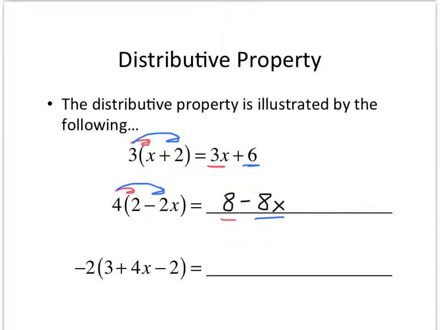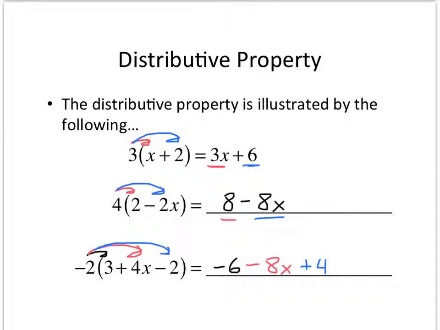So one more example. If I distribute the negative 2 to the 3, that gives me negative 6. If I distribute the negative 2 to the 4x, that gives me a negative 8x. And then if I distribute the negative 2 to the negative 2, that gives me a positive 4.